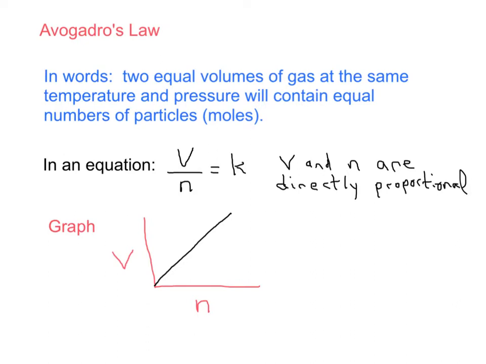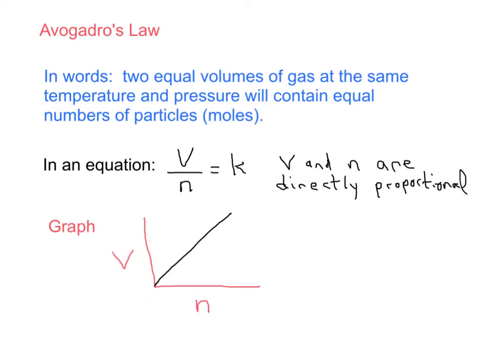So in an equation, what this looks like is the volume per number of moles is a constant. In other words, the volume and number of moles are directly proportional. If you add twice as many particles to the gas and you keep the temperature and pressure the same, the volume of the gas is going to double. So like before, we have one side equal to a constant.